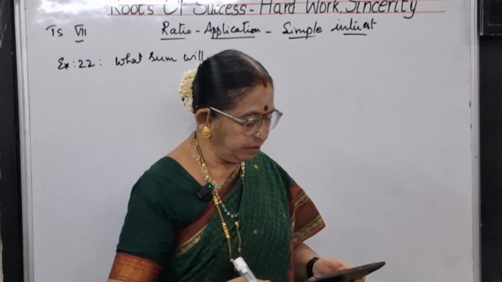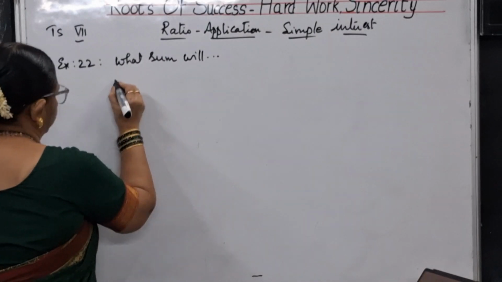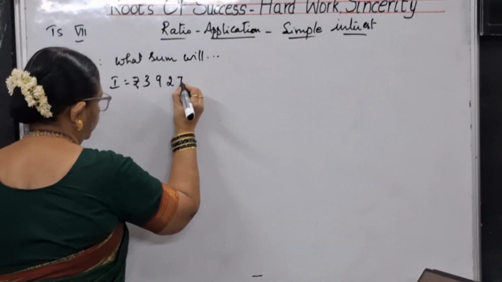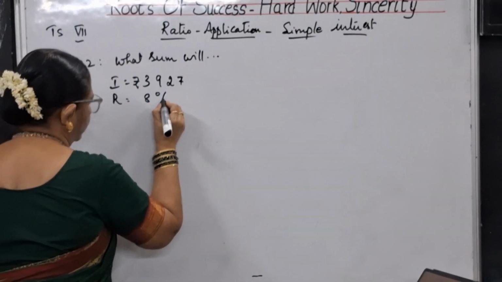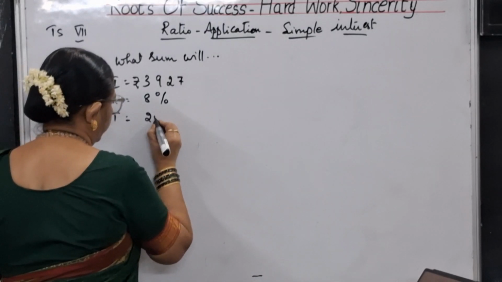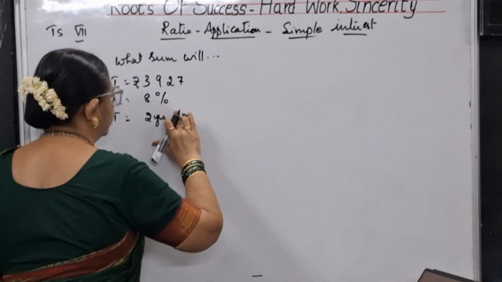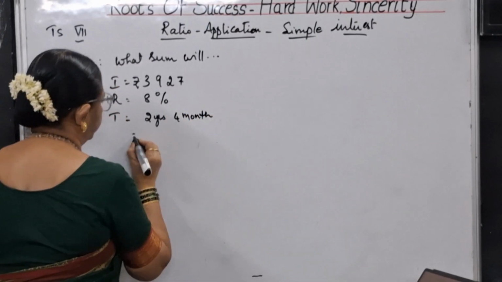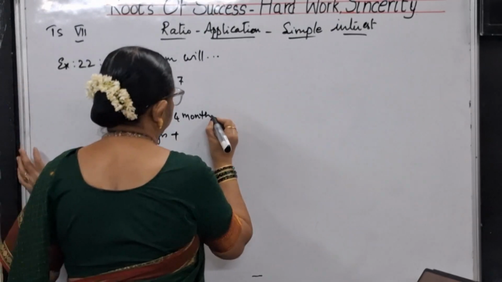What is the principal you have to write. So what is given to you? Interest is given as rupees 3927 and rate is given as 8% and time is given as 2 years 4 months. That means 2 years plus 4 months.